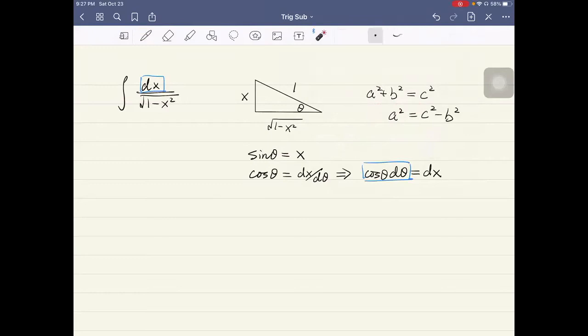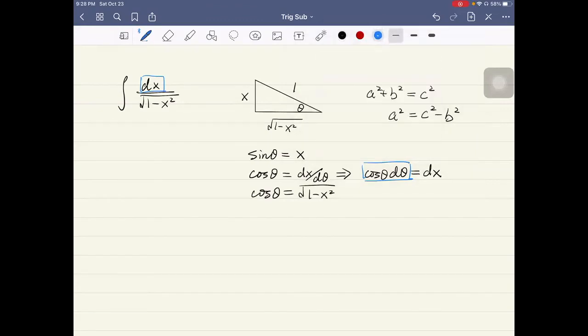And then the next thing is going to try to express this one in terms of theta. Well, obviously, we see that cosine theta is equal to square root of 1 minus x squared. Good.